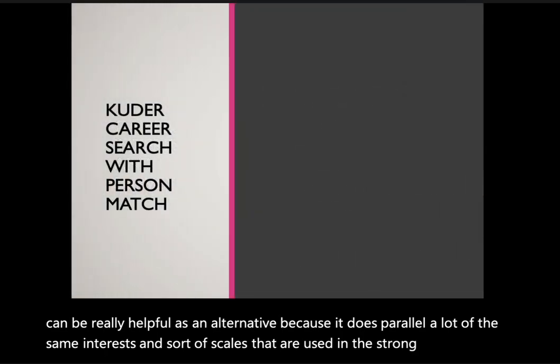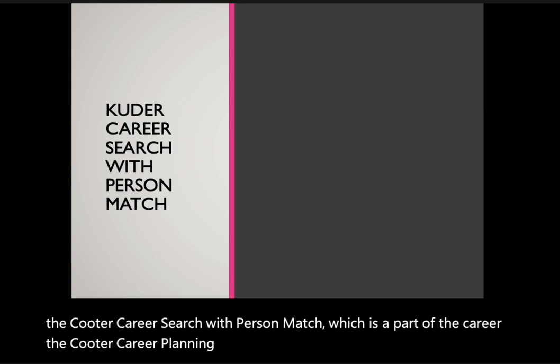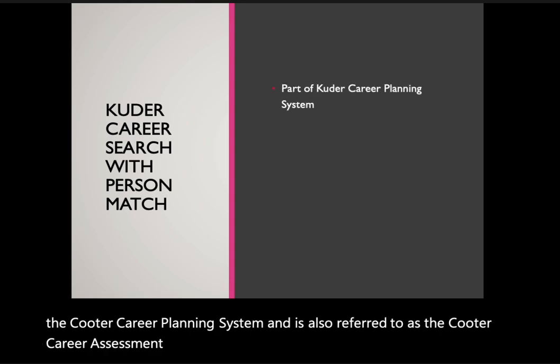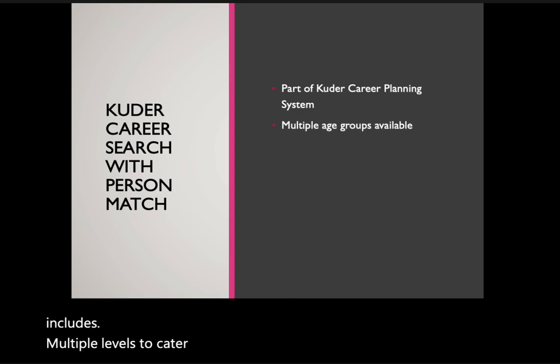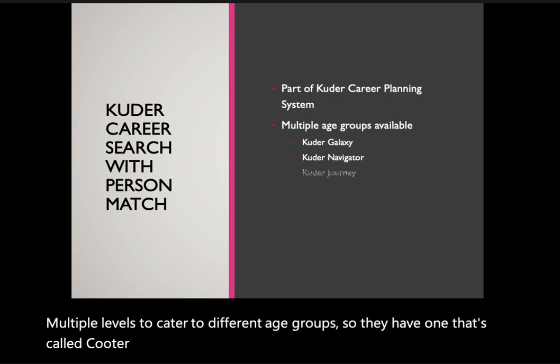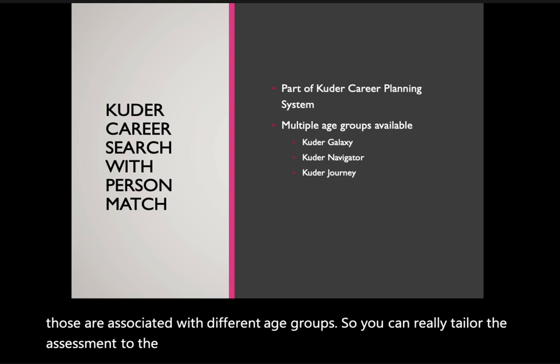We also have the Kuder Career Search with Person Match, which is a part of the Kuder Career Planning System and is also referred to as the Kuder Career Assessment Instrument. This particular interest inventory includes multiple levels to cater to different age groups. They have one called Kuder Galaxy, Kuder Navigator, and Kuder Journey, and each of those is associated with different age groups, so you can really tailor the assessment to the age of your client.